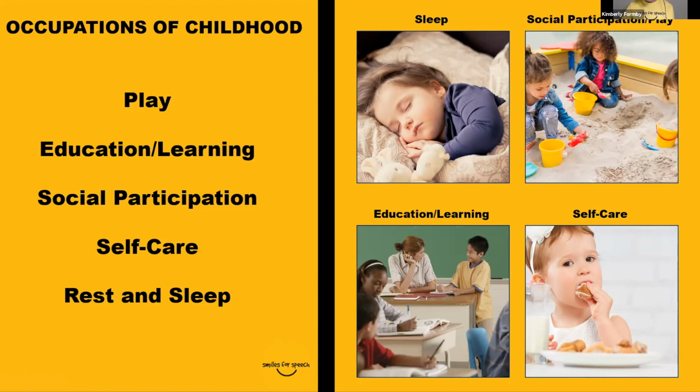Play is the primary occupation for young children. Play is how children learn about the world around them. And social participation is another very important occupation for children. They learn to participate in relationships with other children.